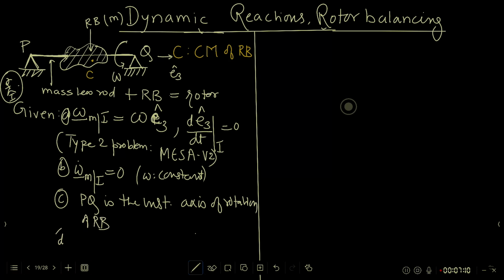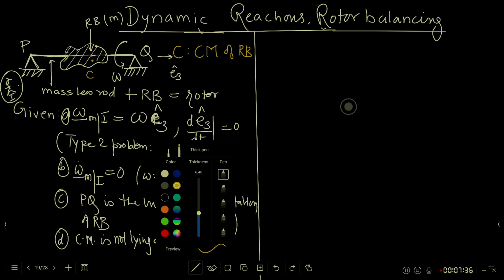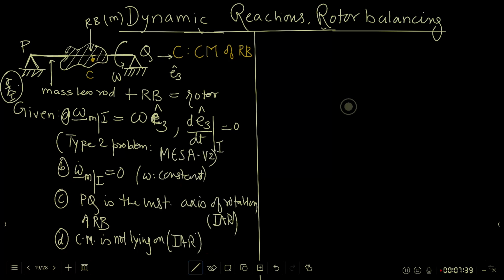However, the center of mass is not lying on that, not lying on IAR. IAR is instantaneous axis of rotation. There is an offset, and let's call that offset R. This distance, you see, this distance, is the distance of C from IAR.